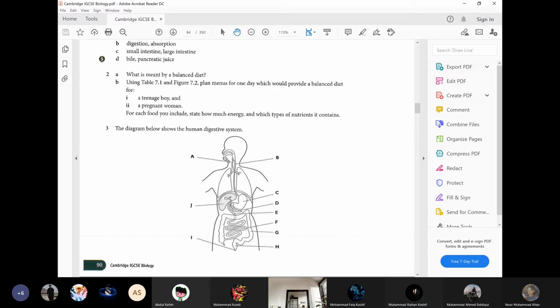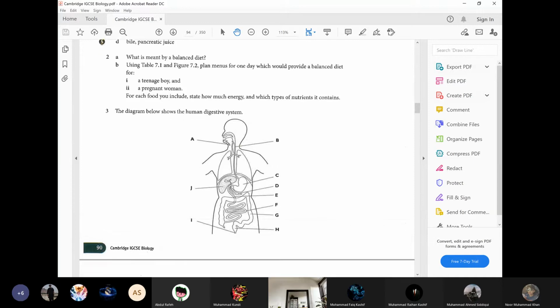Because the teenage boy is growing and consuming a lot of energy in different activities, and also requires protein for making new cells. While the pregnant woman will also require a high amount of carbohydrates, lipids, and fats, also iron, because of the baby which is growing inside the mother's womb.